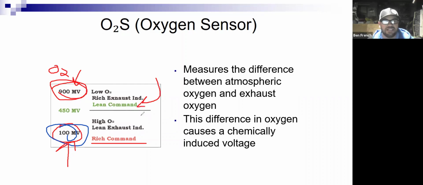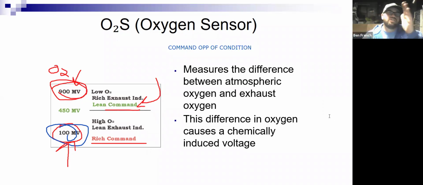Go lean. The command is always the opposite of the condition. I'm going to type that out. The command's opposite the condition. So when the O2 sensor goes rich, the computer says, okay, now go lean. When the O2 sensor says, hey, I'm lean, the computer says, okay, go rich.